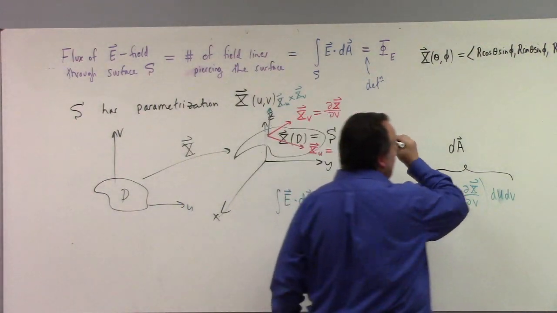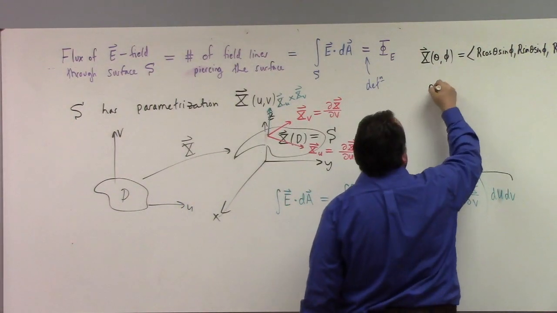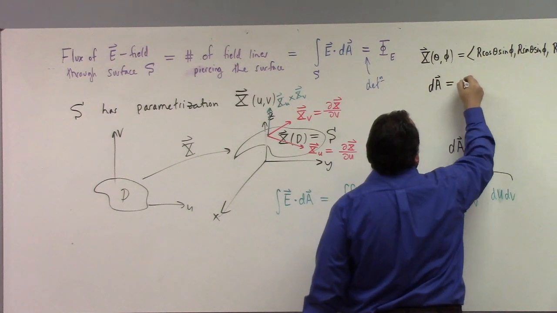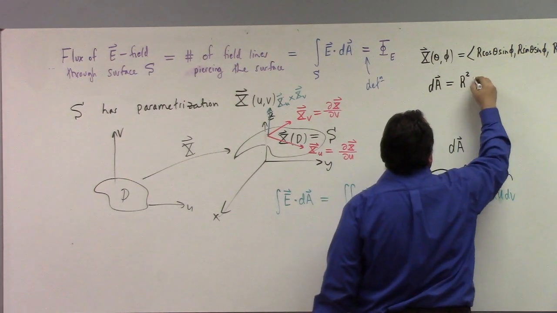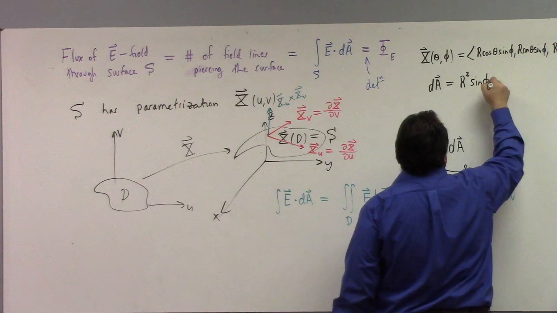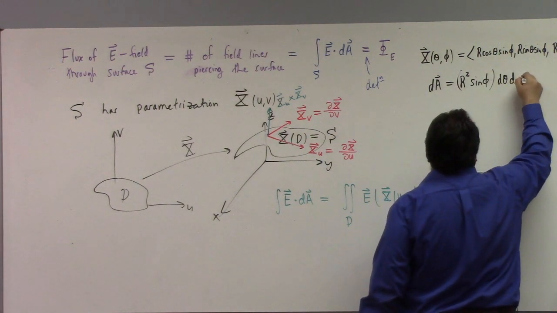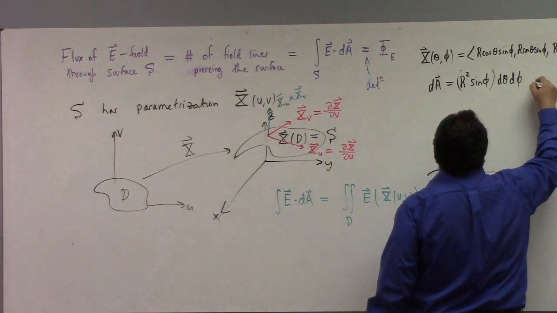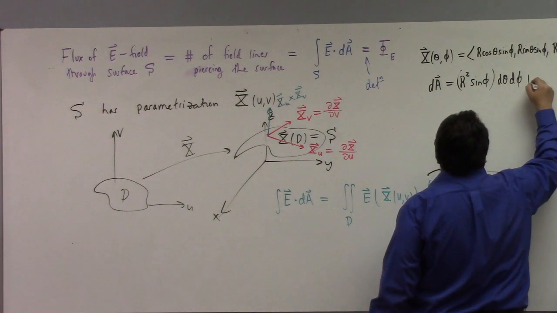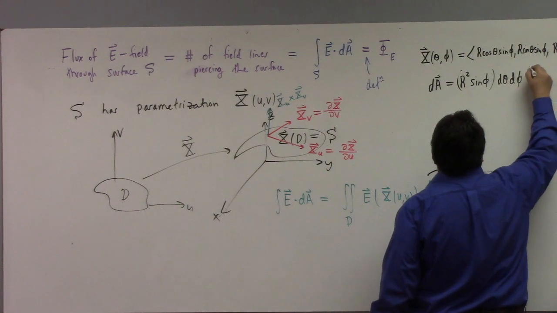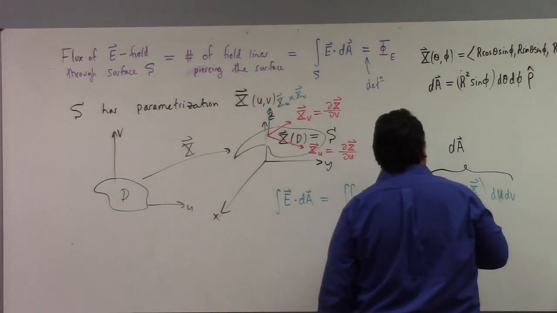And basically, if you calculate this dA for this thing, what you end up getting is r squared, if I remember right, sine phi, and then you've got a d theta, d phi, and then the direction, let's say, is, well, oh, I'm sorry, I'm using math notation, so I probably put a rho hat.